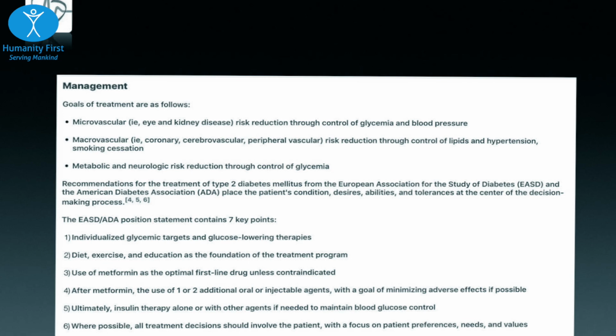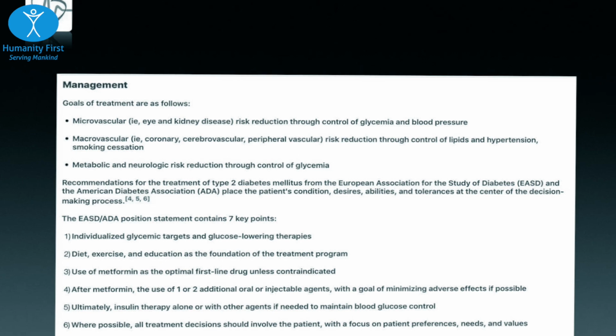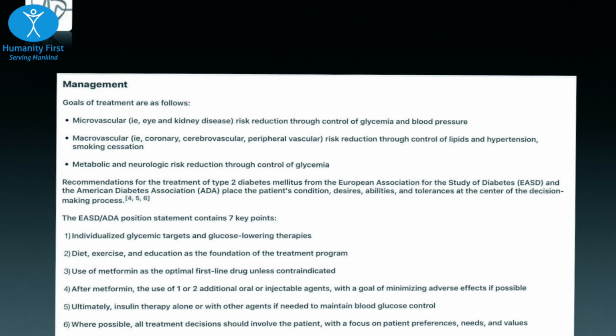After metformin, the use of 1 to 2 additional oral or injectable agents with a goal of minimizing adverse effects if possible. Ultimately, insulin therapy alone or with other agents if needed to maintain blood glucose control.